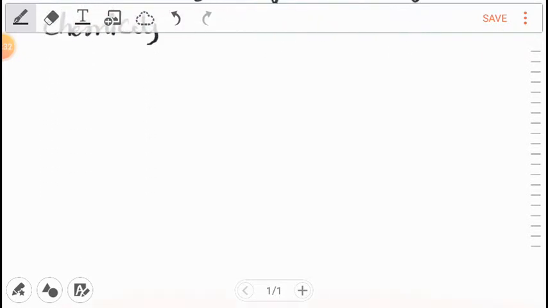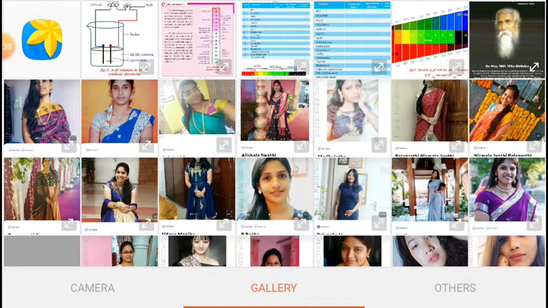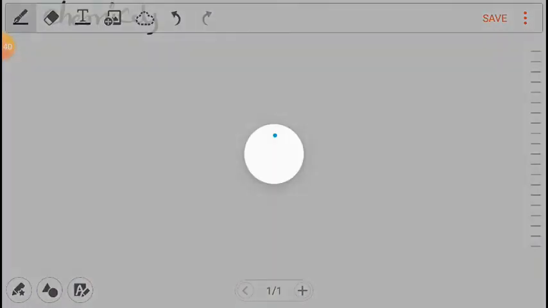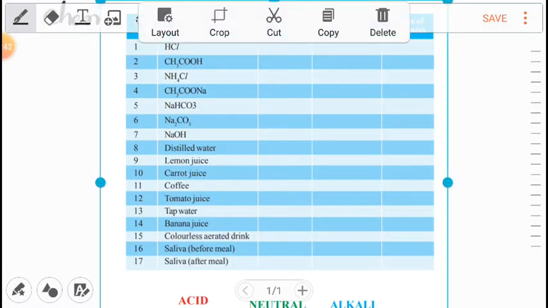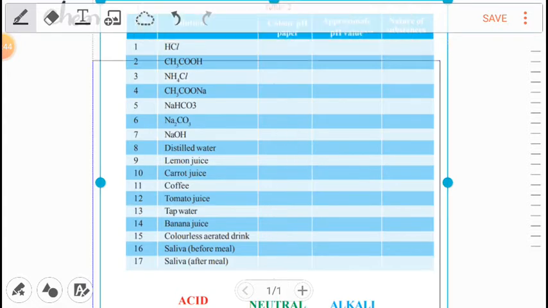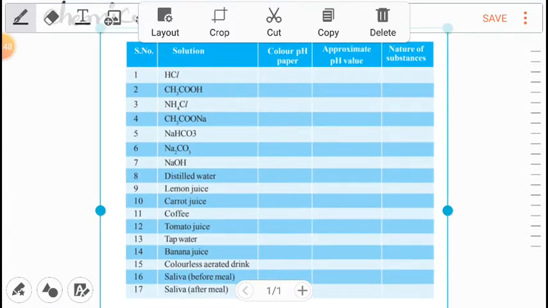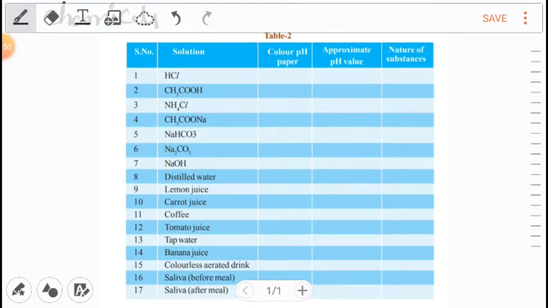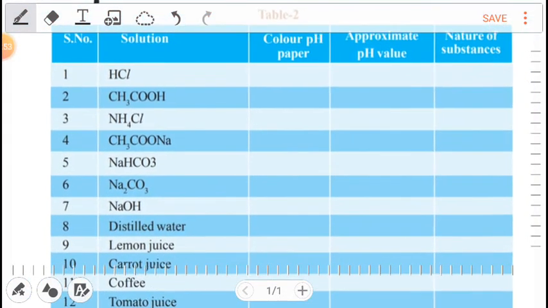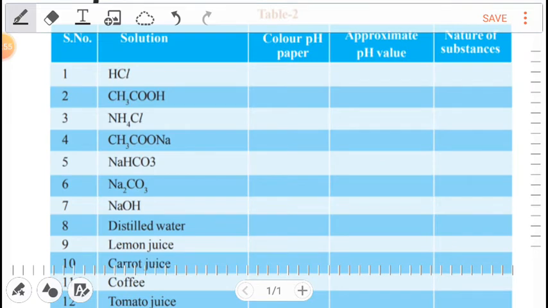We'll see the following table, and based on that you take the pH paper, compare, and say the pH values. In this table, different chemicals are there. What we saw in the experiment, like that we're going to test with pH paper.